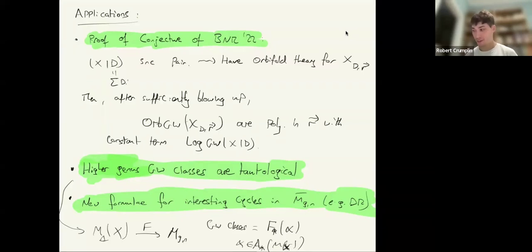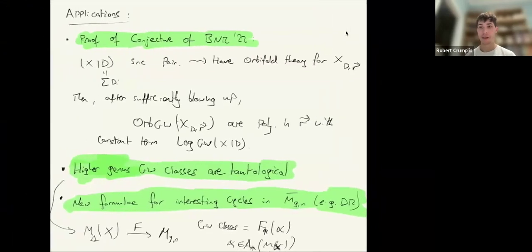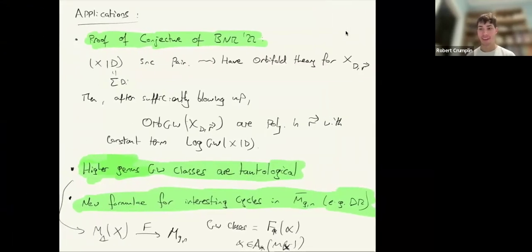So if you apply these results to P1 with the divisor 0 and infinity, you get some classes related to double ramification cycles, which are other well-studied loci classes in the moduli of curves. Okay, I think I'll leave it there. Let me know if you have any questions.